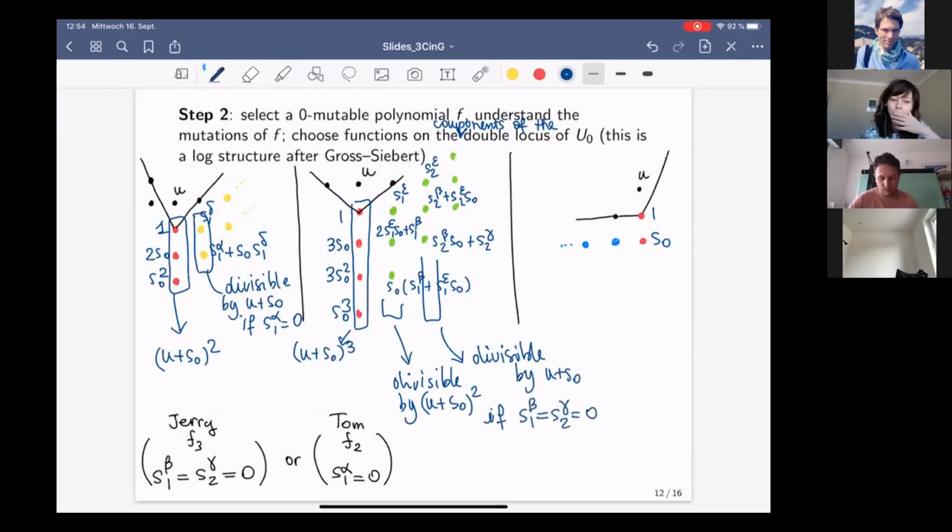And so now, if I consider the zero locus of these functions, this means that there are curves which are not smooth anymore, because I have this divisibility on translates of this. So the fact that here I have a cube means that the curve has multiplicity 3 when I intersect with this line, but the fact that I have here a divisibility along u plus S0 square or u plus S0 means that this curve is also singular at this point.